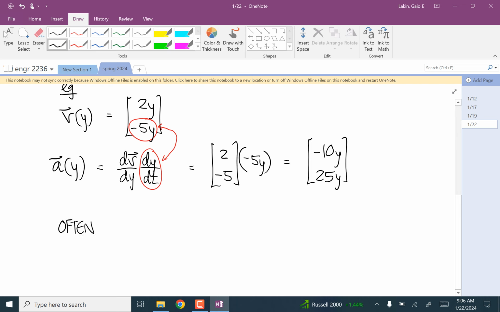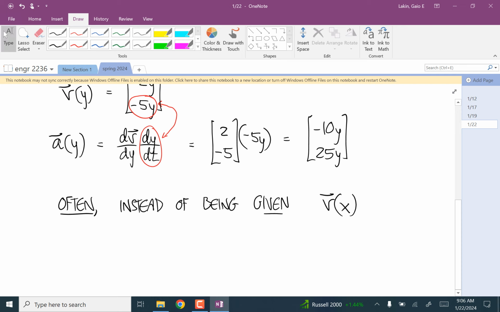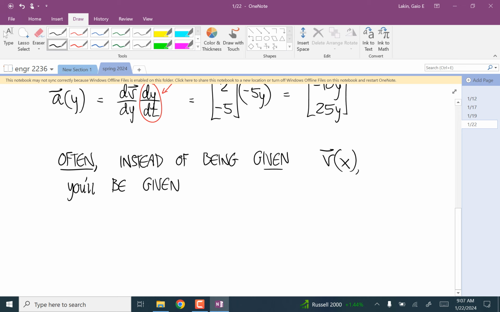Okay, so often instead of being given velocity as a function of, let's say, x, you'll be given a relationship between x and y.